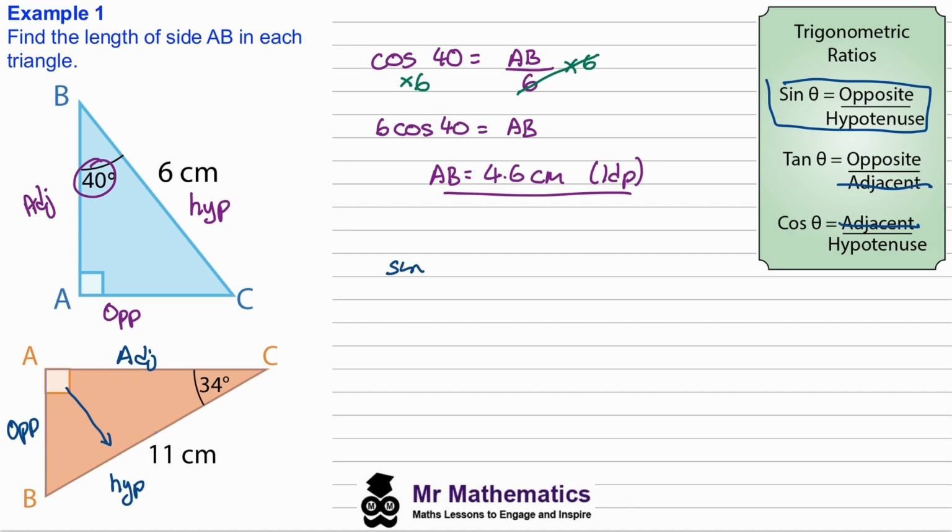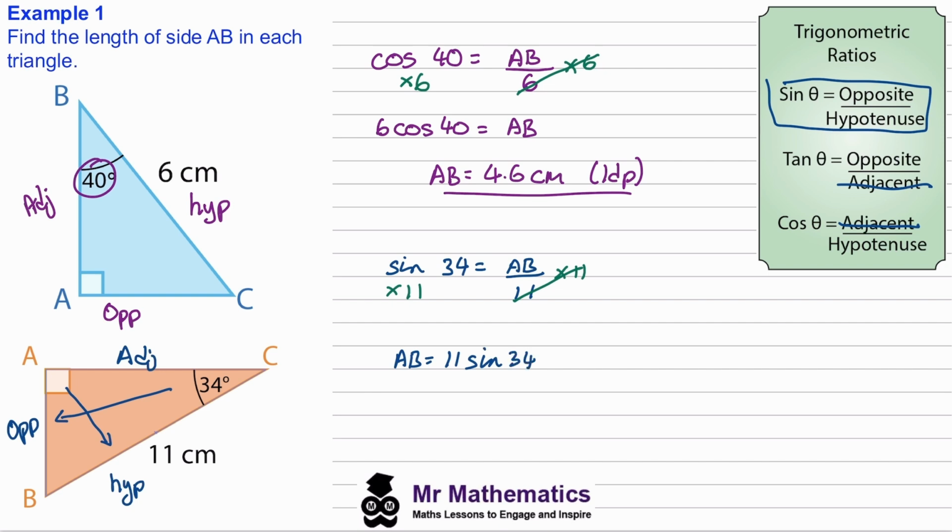So the sine of the angle 34 degrees will be the opposite length, A to B, divided by the hypotenuse, 11. So again, we'll multiply both sides by 11 to cancel this out. So A to B will be 11 multiplied by the sine of 34 degrees.